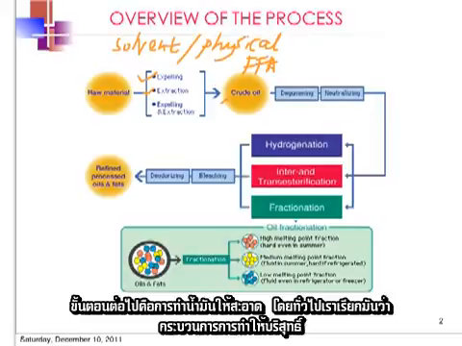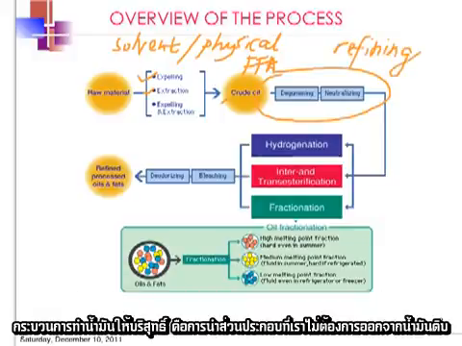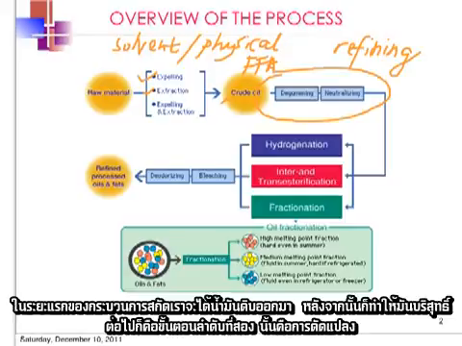The next process is to purify the oil, and this is what we call the stage or process of refining: to refine the oil, to remove as much as possible the undesirable components from the crude oil. So the first stage of the oil processing is to extract the oil to get the crude oil. Then after that, refining.